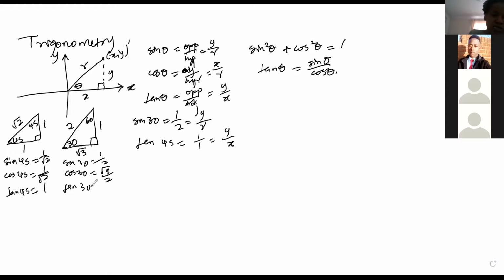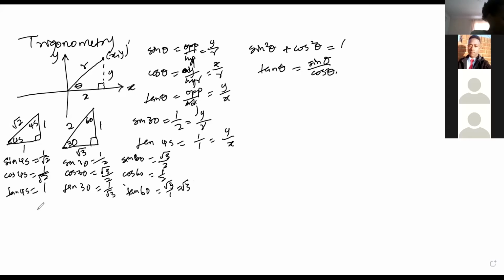Tan 30 will be 1/√3. Okay. Sine 60, if you check on the triangle, √3/2. Cos 60 will be 1/2. Tan 60 will be √3/1, which is just √3.